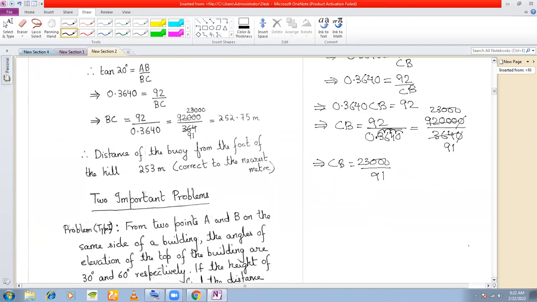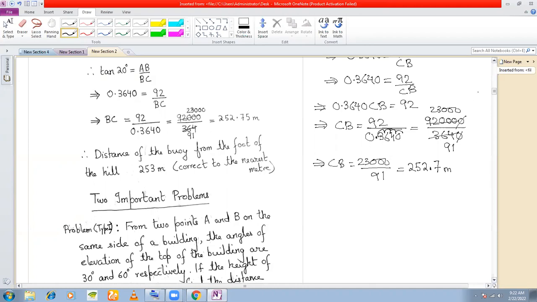You already know how to divide, right? Which you have learned in your class 3 and 4, how to divide two numbers. So you divide the two numbers and you get your answer as 252 point. Because they have asked you correct to the nearest meter, you can only calculate till one place of decimal, right? Say 252.7 meters you have got.